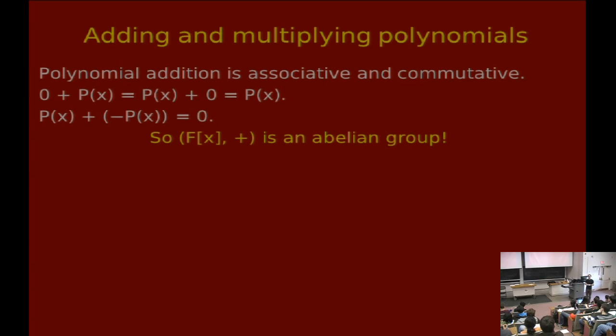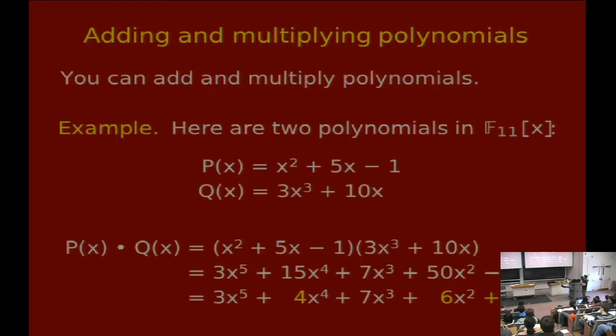Oh, yeah, sorry. F11, for some reason, when you're talking about fields, this means the integers mod 11, which we used to denote by Z11. But somehow, if you think of it as a field, you call it F11. So this is the field F11, the set of integers mod 11. It's a field.